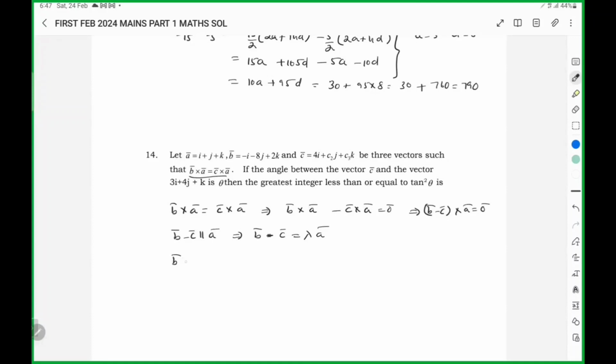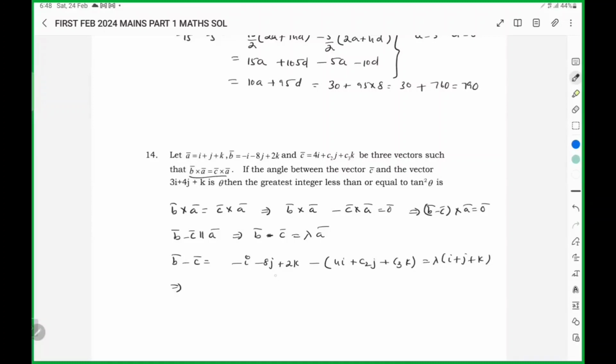That is, B bar minus C bar is minus I minus 8J plus 2K minus C, which will be 4I plus C2J plus C3K, equal to lambda times I plus J plus K.